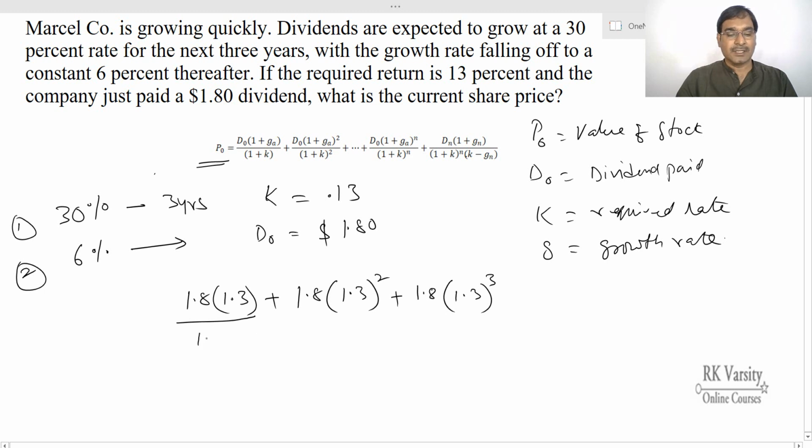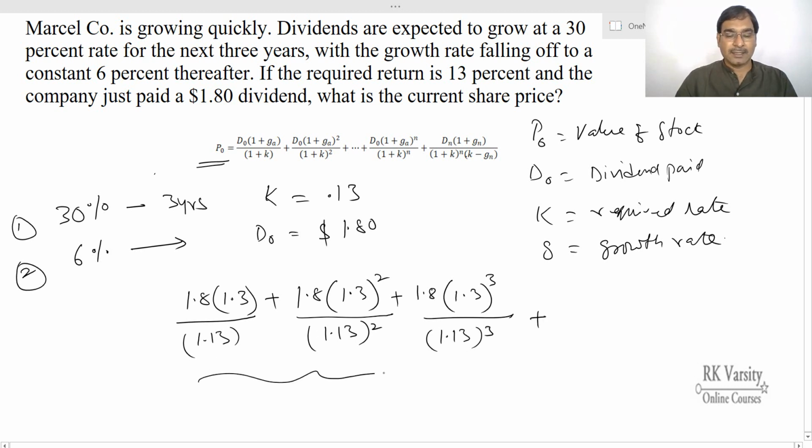The first is discounted by 1.13, and the second year also we discount by 1.13 squared to get our present value. The third year 1.13 to the power of 3. This part is your initial growth of 30%. Then the constant growth rate is 6%. That means 1.8 times 1.3 to the power of 3, times 1.06.